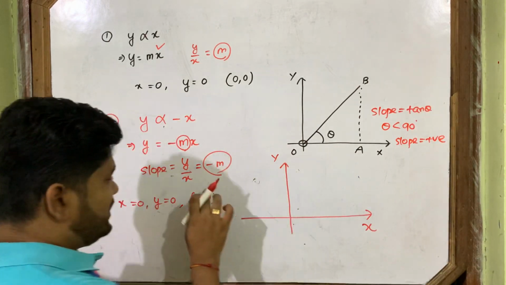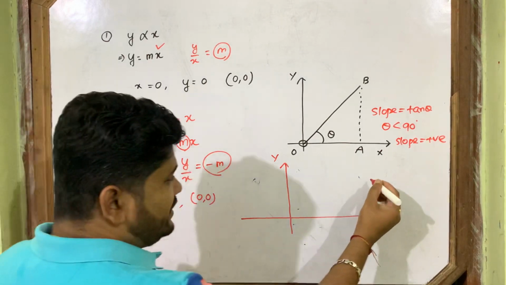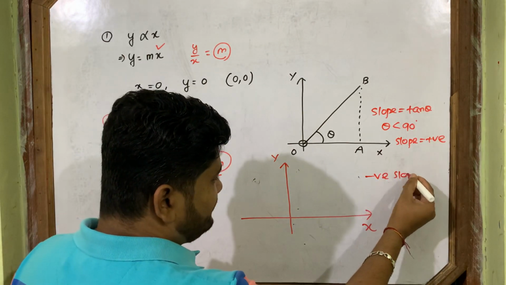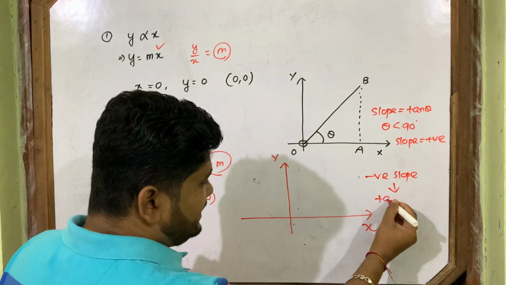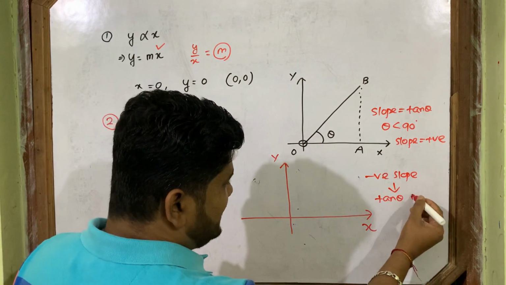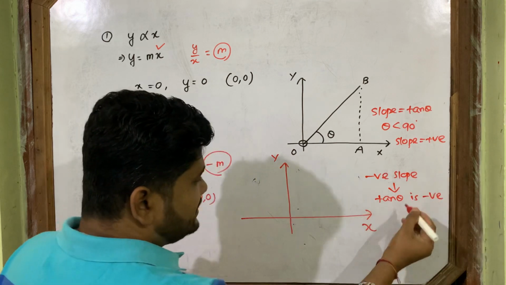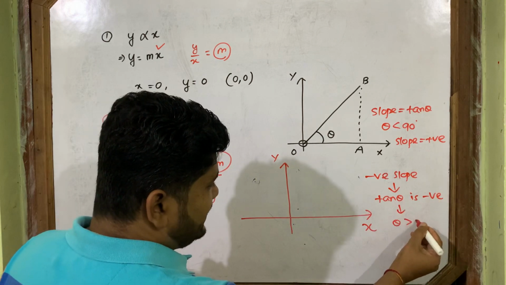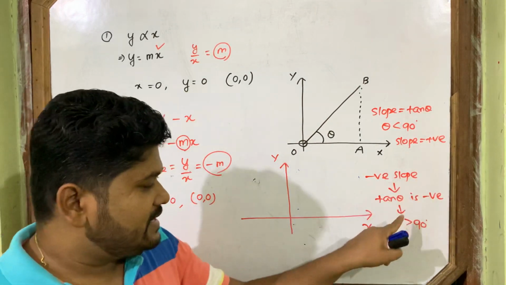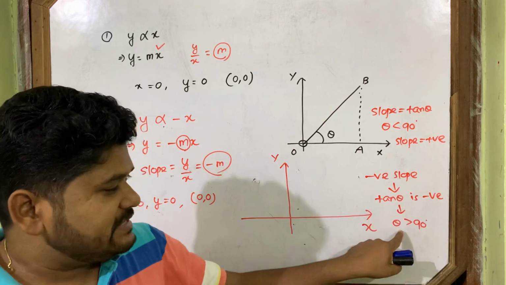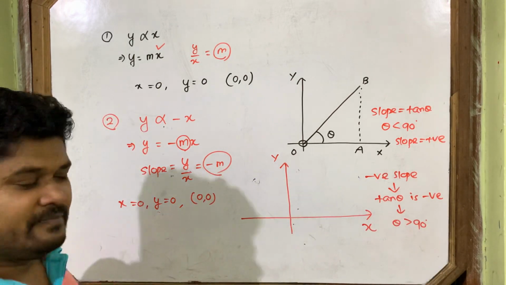But if I want negative slope, then tan theta is negative. If tan theta is negative, then what about theta? Greater than 90 degrees. Negative slope means tan theta negative means theta greater than 90 degrees.